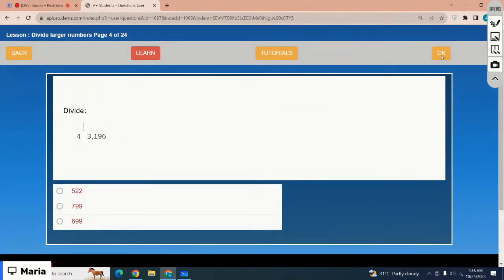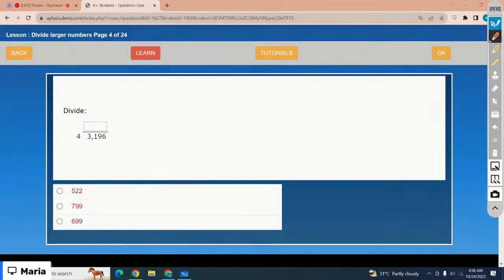Okay, the next one is 3196. Okay, let's just divide. 4 times 8 is 32. 4 times 7 is 28. So 31 minus 28 is 3. Now bring the 9 down. You have to count 4 until 39.